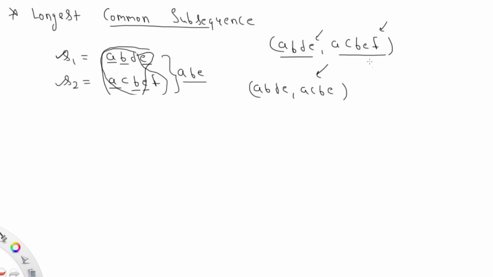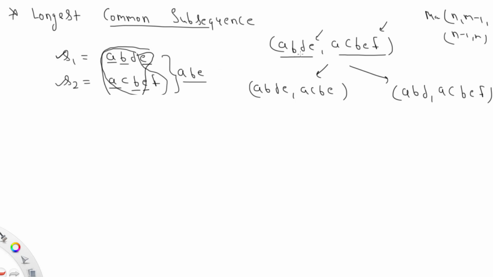So this will be one value, and here I will have another value, A, B, D, and here I will take A, C, B, E, F. So here basically we have B. What is happening is that I am taking the maximum of n, m-1 and n-1, m.